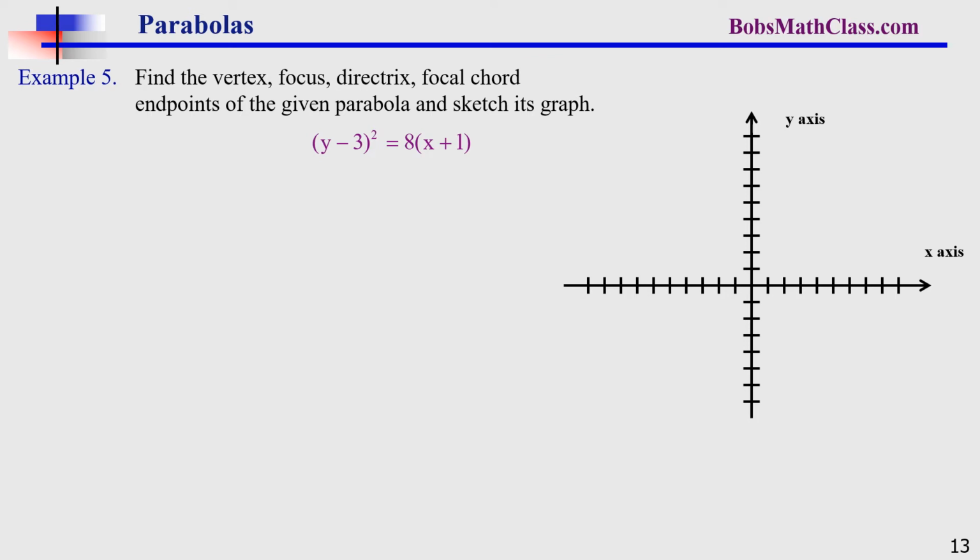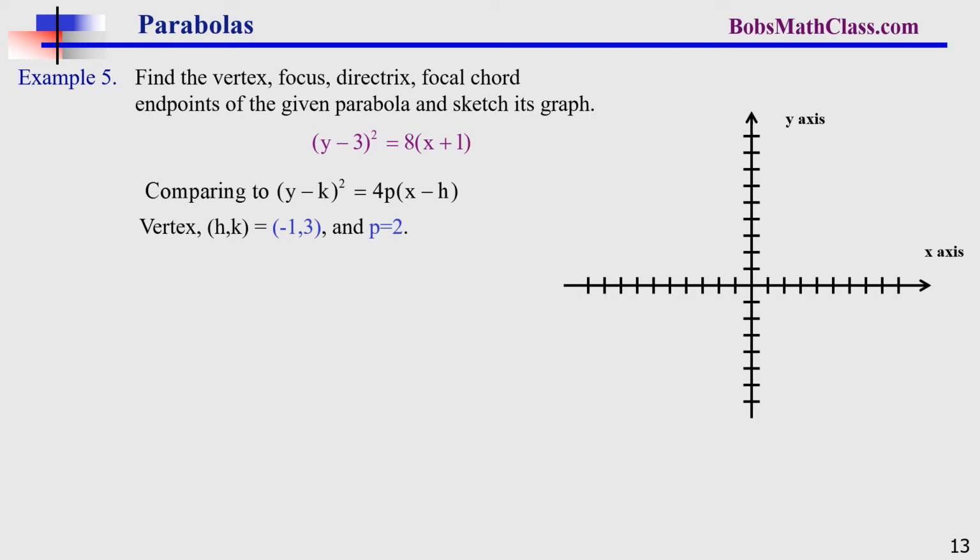Okay, find the vertex, focus, directrix, focal chord endpoints of the given parabola and sketch its graph. First thing we need to do is start with the vertex. What is our vertex? It's h, k. Remember, h is with the x and k is with the y. So in this case, our h, k is -1, 3.